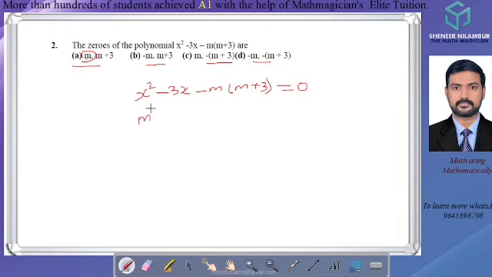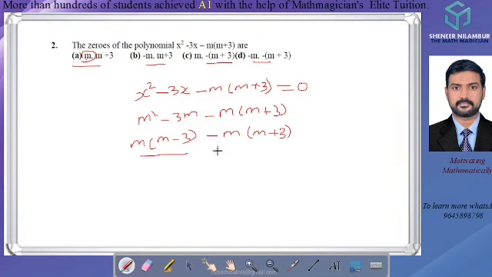So what will happen? Here m square minus 3m will come, there is no x, so m square minus 3m minus m into m plus 3. Here m is common, it can be taken outside, so m into m minus 3 will be here, and here minus m into m plus 3. To become 0, the same terms are required here and here.